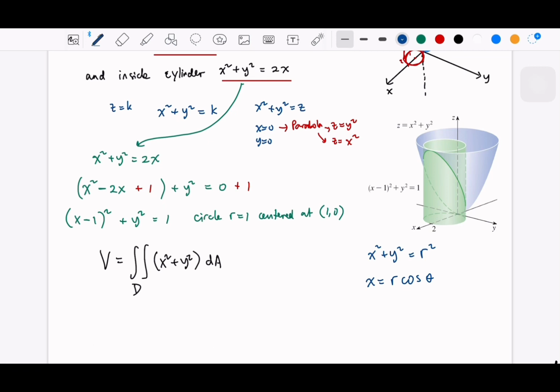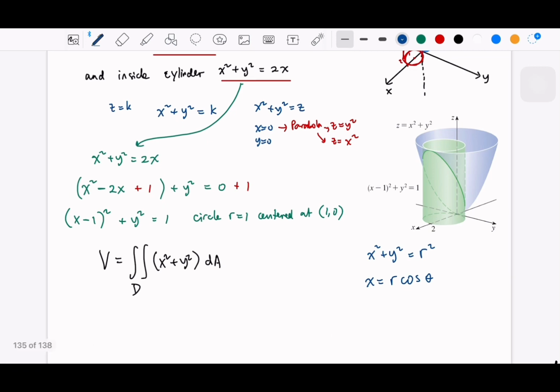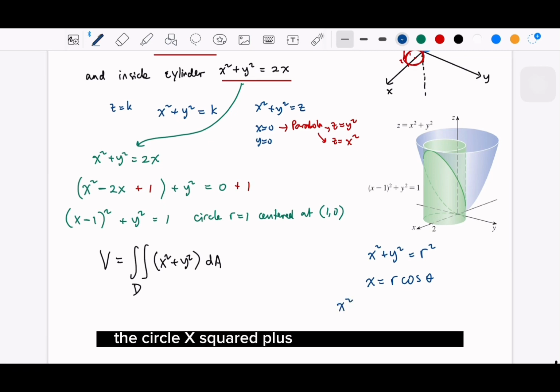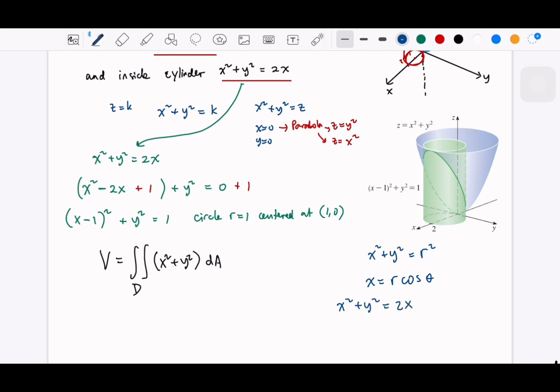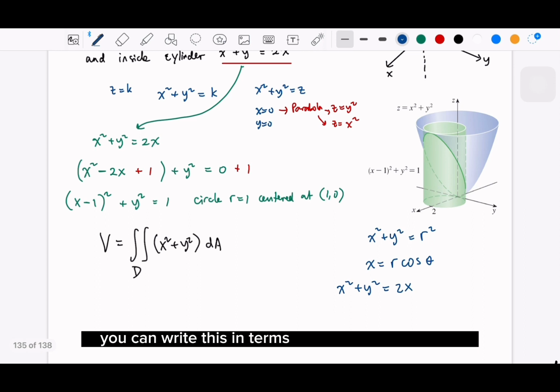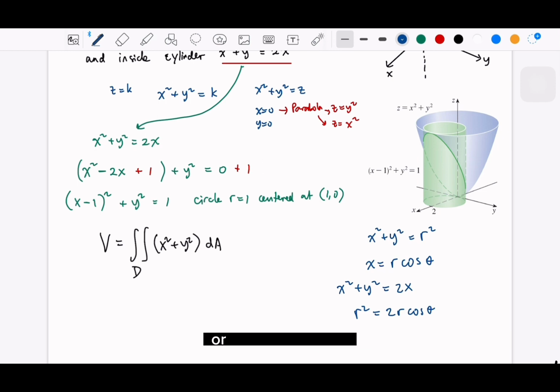So the circle x squared plus y squared equal to x, the cylinder, you can write this in terms of r squared equals r cosine theta, or r is cosine theta.